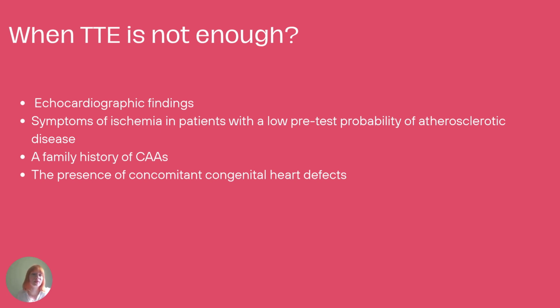So, clinical suspicion, like symptoms of ischemia in patients with low pretest probability of atherosclerotic disease, a family history of coronary artery anomalies, or any sudden cardiac death history in patient's family, and also the presence of concomitant congenital heart defects.